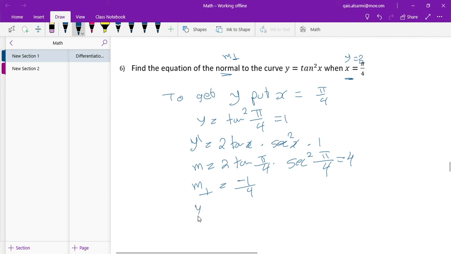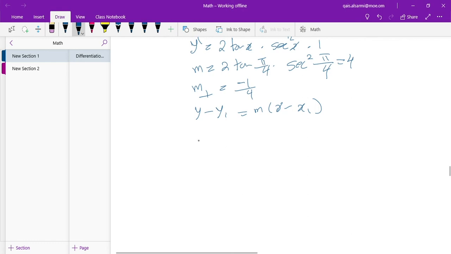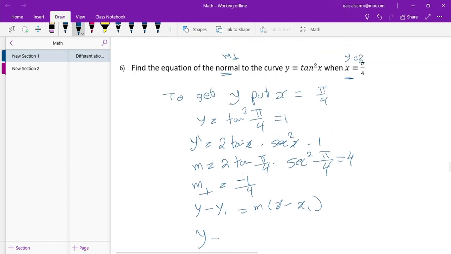Equation of a straight line: y minus y1 equals m times x minus x1. Where is y1? Yes, y1 is 1 and x1 is pi over 4.